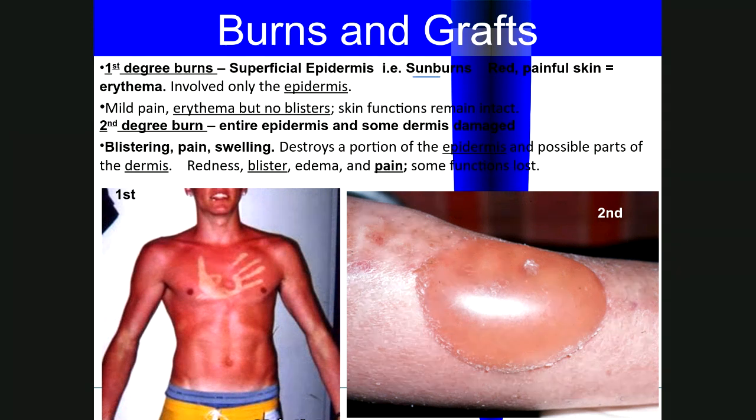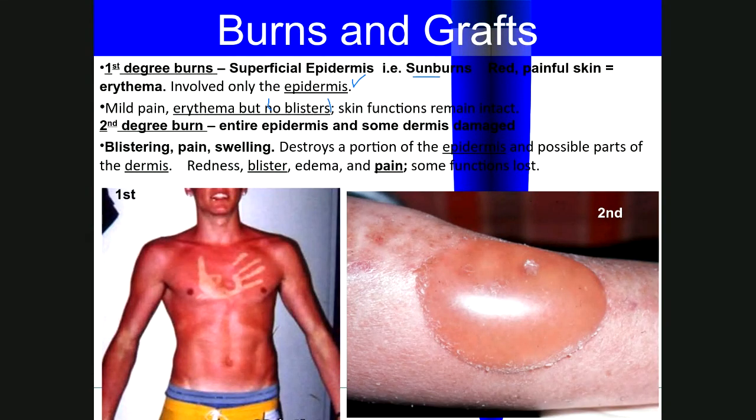We've all had sunburns, right? It's going to hurt to touch, and usually it will clear up in a short period of time without scarring. There's some mild pain, there's some redness or erythema, but no blisters, okay? So the skin functions remain the same.